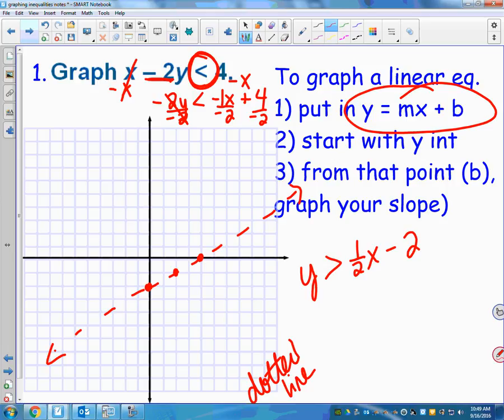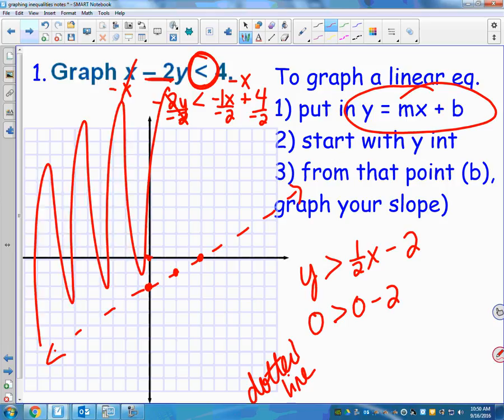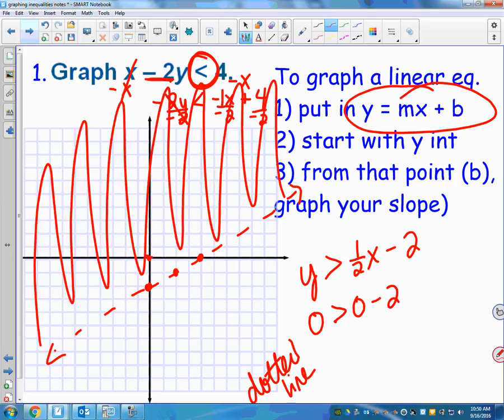So if you really want to check to see what works, you can pick any point and check to see if it works. I always pick 0, 0 if I can. So if I plug 0, 0 into this, I would get 0 is greater than 0 minus 2. Is that true? It is true, which is why we can shade up here.